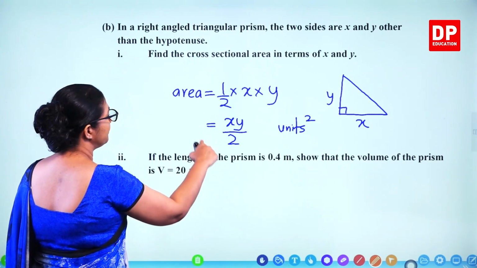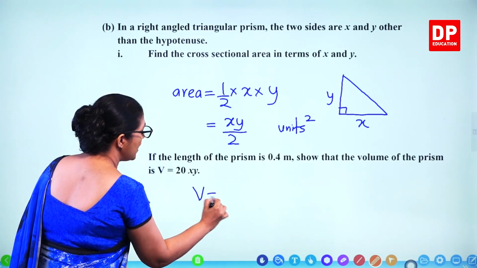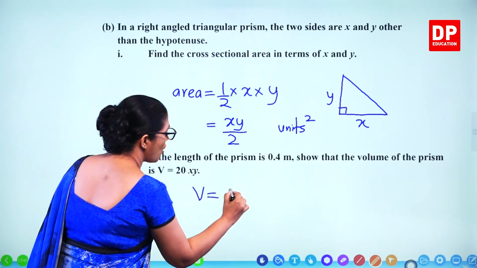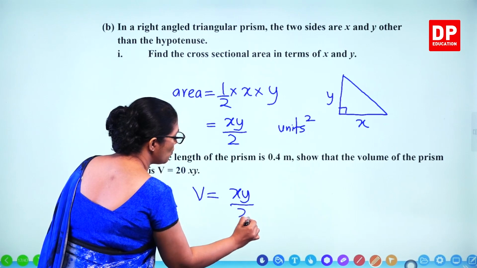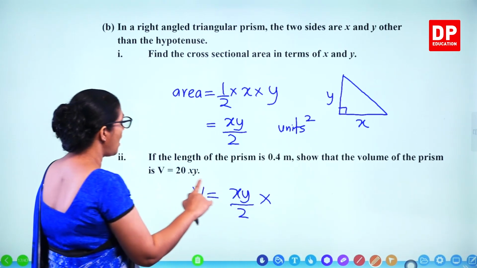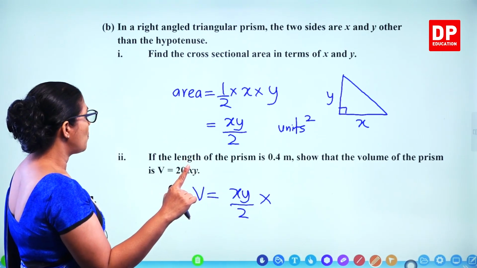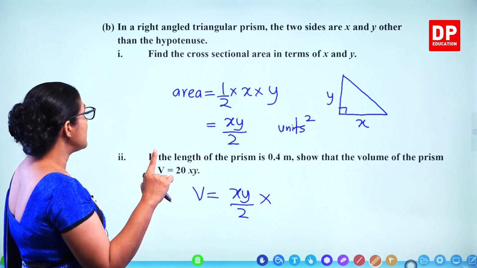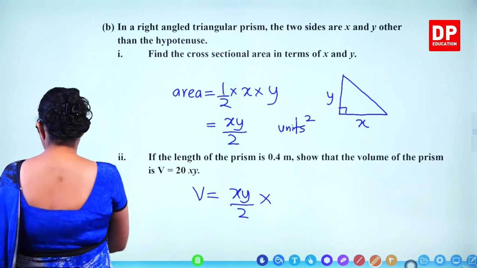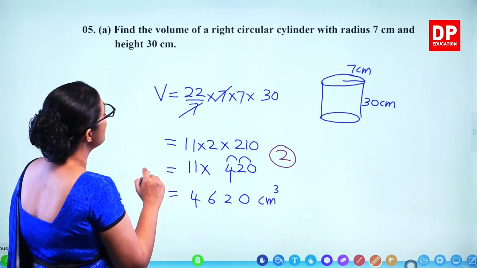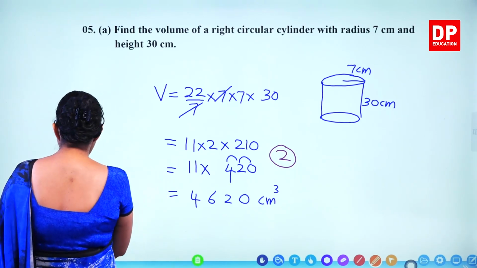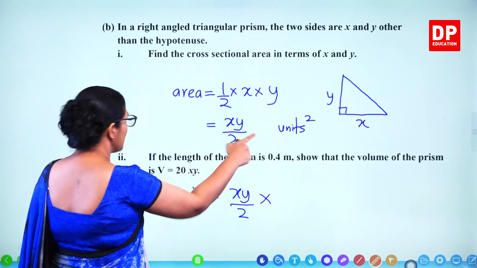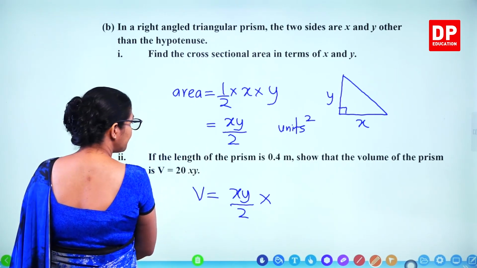Area is here. So volume is the area of the cross-section, xy over 2, and the length is 0.4. Now this is in meters. The measurements are not given, but this should be in centimeters.